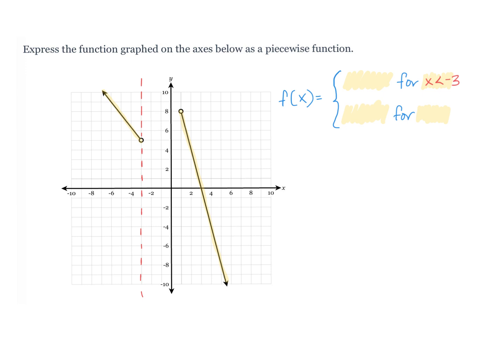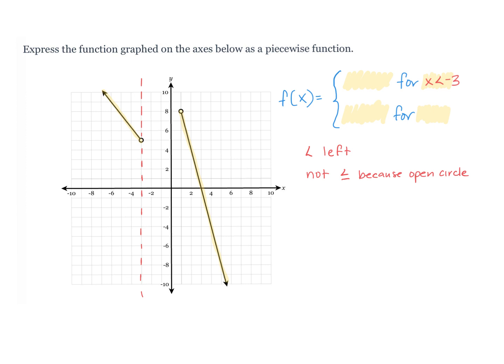I know that it's going to be less than because it's pointing to the left, and I know that it's not less than or equal to because it has an open circle. The or equal to would have a closed circle. So that's the domain for the line on the left.